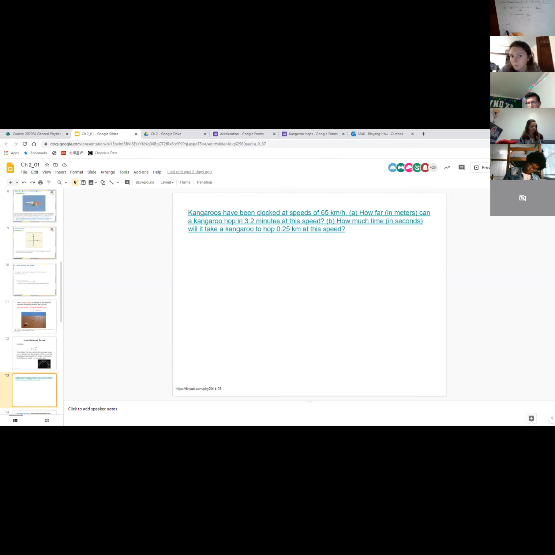In this case, v is given as 65 kilometers per hour, and t is given as 3.2 minutes. In the second scenario, you'll be using the same v equals 65 kilometers per hour, but you are given distance as 0.25 kilometers, and you are looking for t. In the first case, you are looking for d.